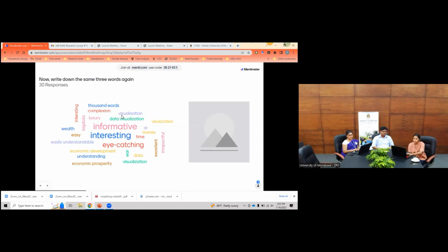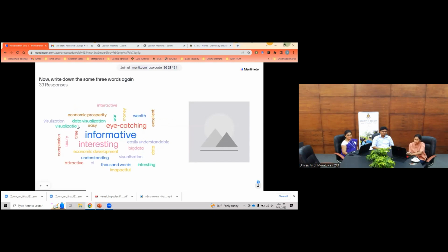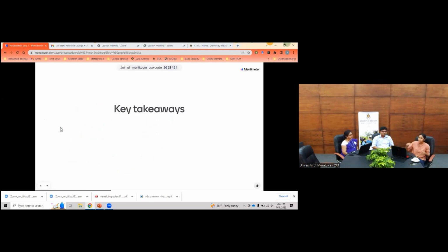For example, if I had combined or cleaned up this data, I would include visualization over here, data visualization over here, visualization with a Z rather than an S, all of those together. If I had cleaned up the data a little more, I could come up with an even better graph. But the idea is that how you choose to show the data can make a big difference in how your audience sees your results.